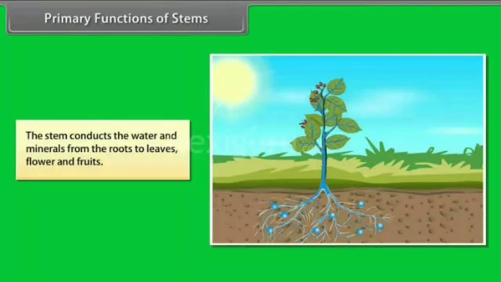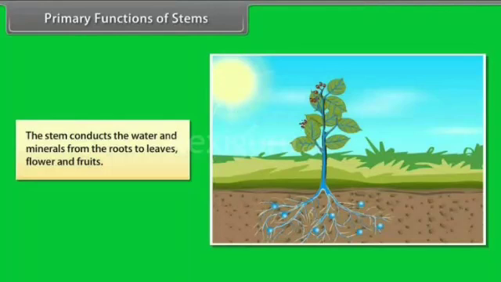The second function is that it transports food from the leaf and water from the root to various parts of the plant. It acts as a transport system, carrying food and water wherever needed. Like a bus, we go from one place to another using a bus. Like that, the stem acts as a transporting system.